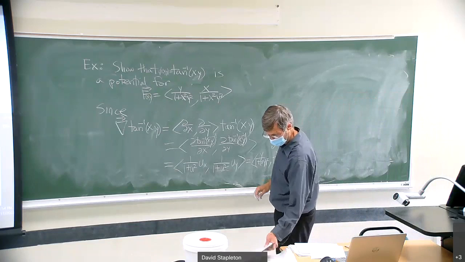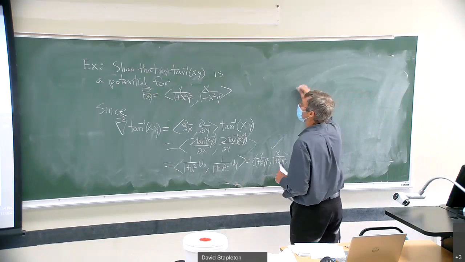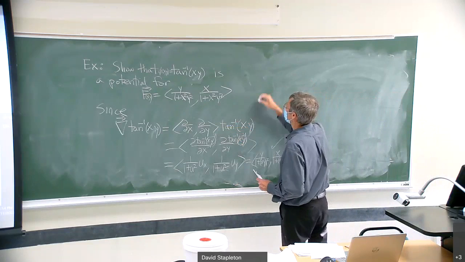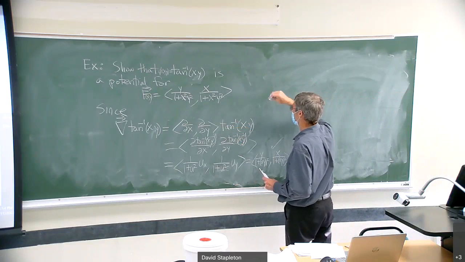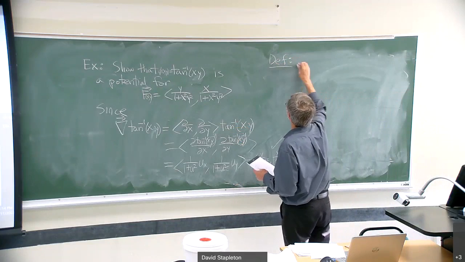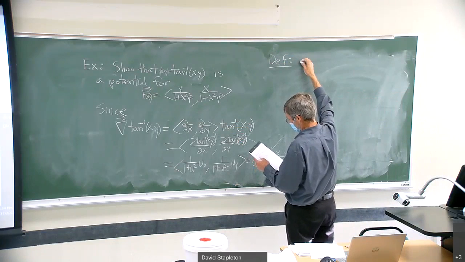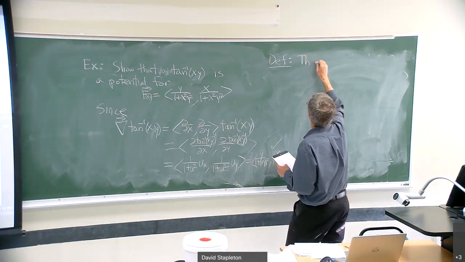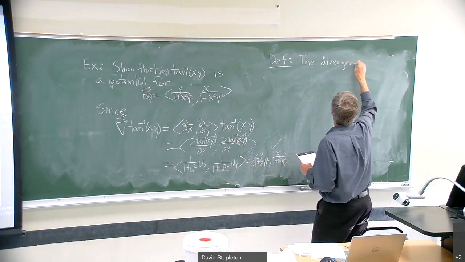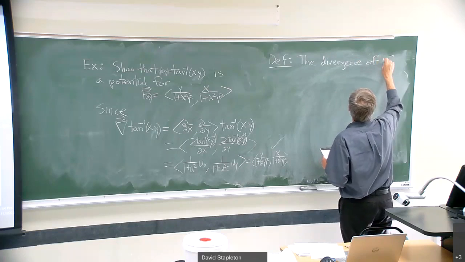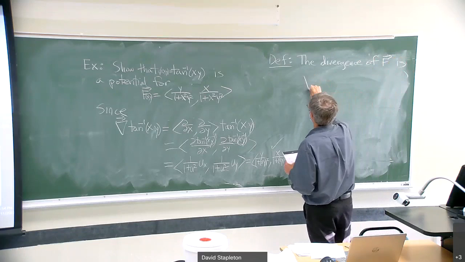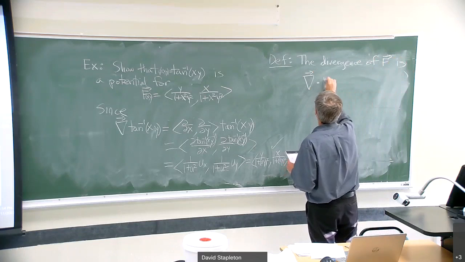Moreover, there's some important operations you want to be able to do with these things. Now that we have this gradient operator, d dx, d dy, we can also use it with vectors. So some more definitions. The divergence of a vector field f is the gradient dot f.